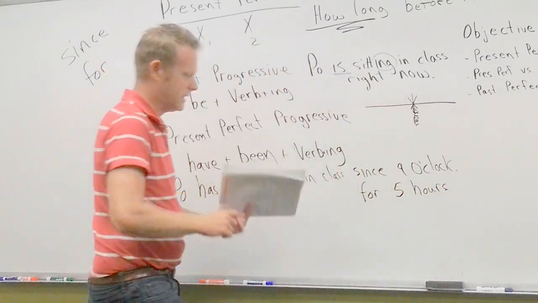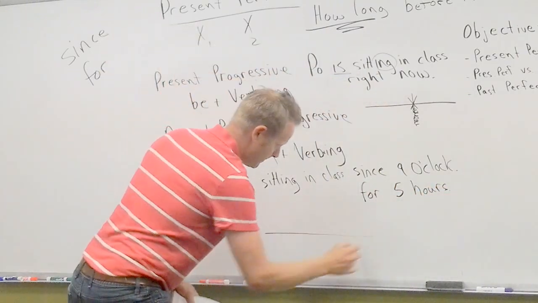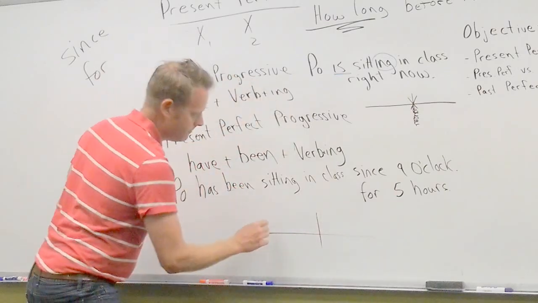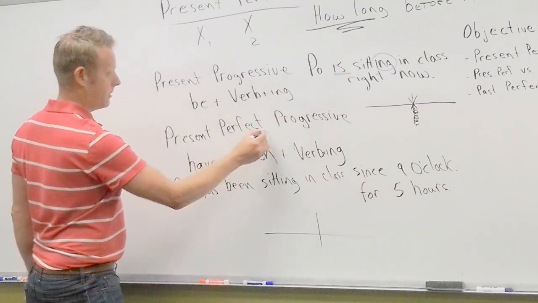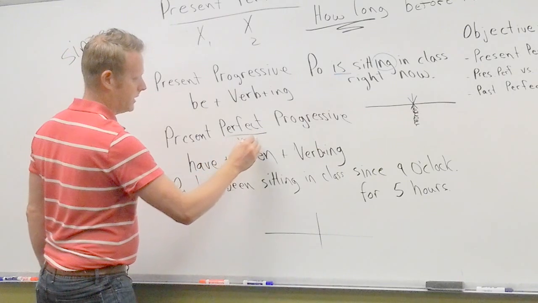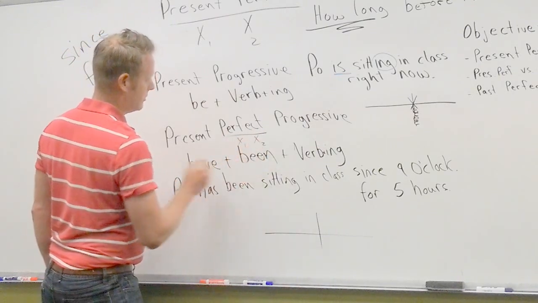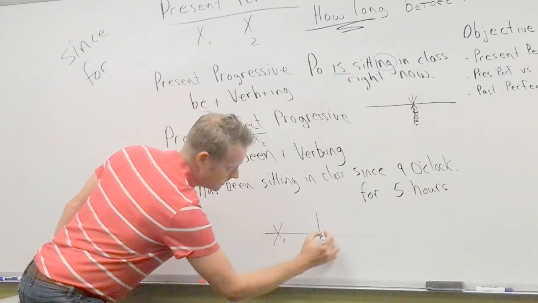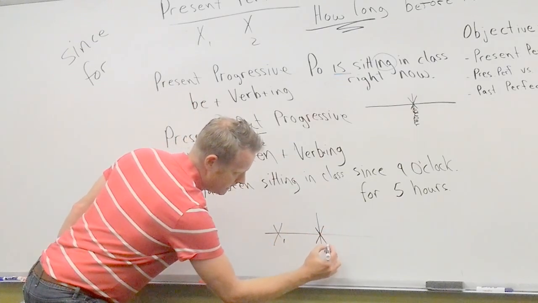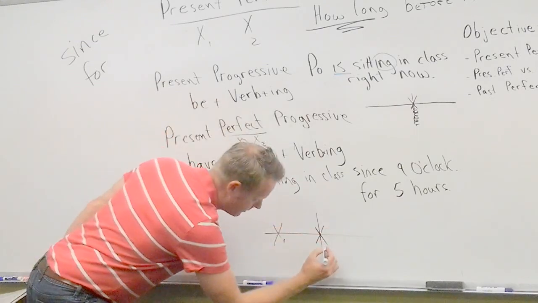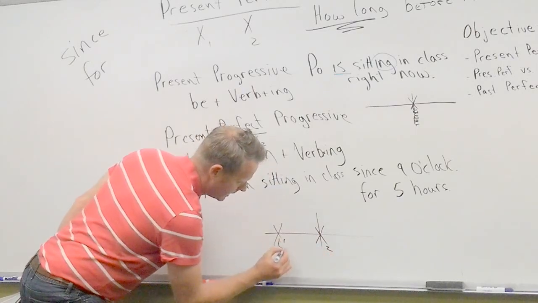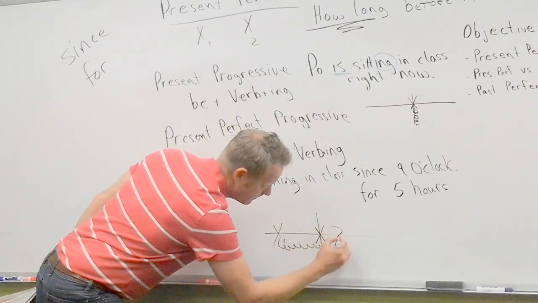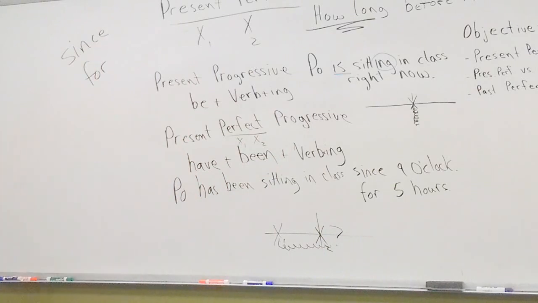Alright, let's take a look at that on a timeline. Remember, with the perfect, you always have an X1 and an X2. In the present perfect, it's always something started in the past and ended, or is still in motion right now.